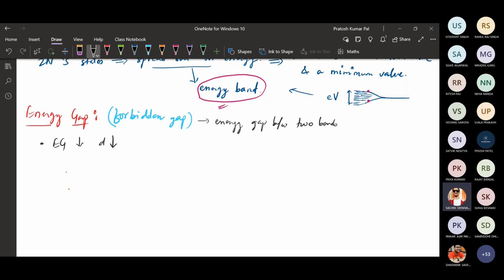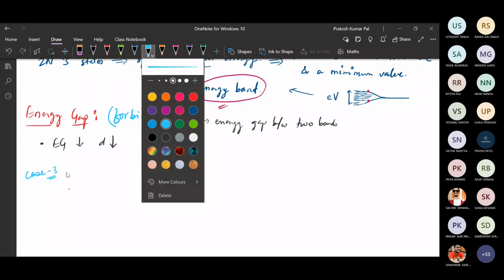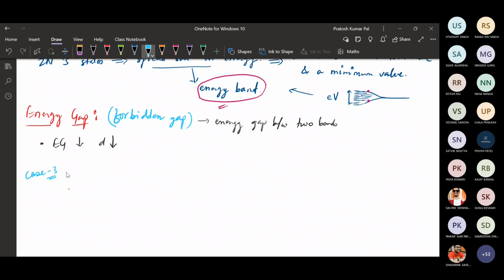Now with respect to that, this is the fourth case. We are just changing the interatomic distance and analyzing the effect on the crystal. In the first two cases we saw the atoms initially far apart, and then we reduced it to some smaller interatomic distance.